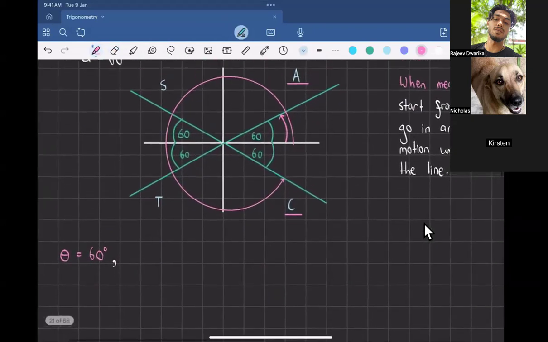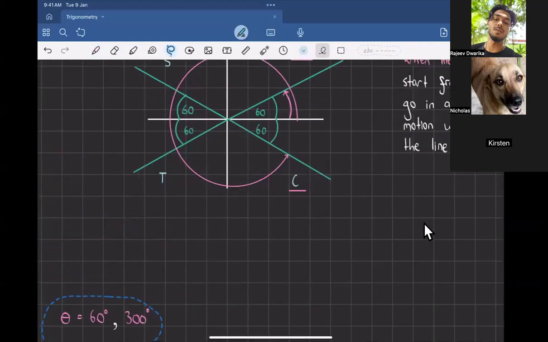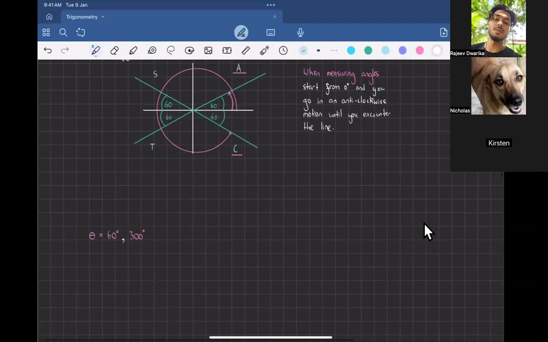Right, so the other answer would have been 360. Well, I just put 300 degrees. So the answer in the first quadrant was just 60.